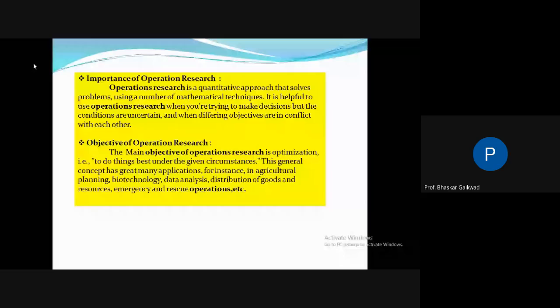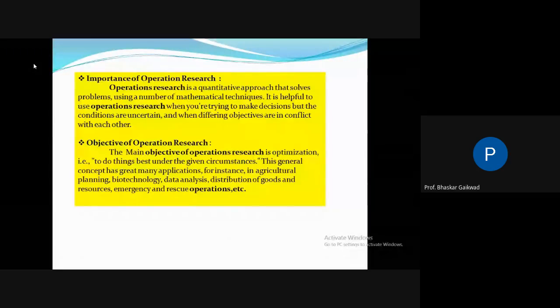Distribution of parts: suppose one company has many dealers in different cities. How can we distribute the parts so that the vehicles do not have to come back to the same city?